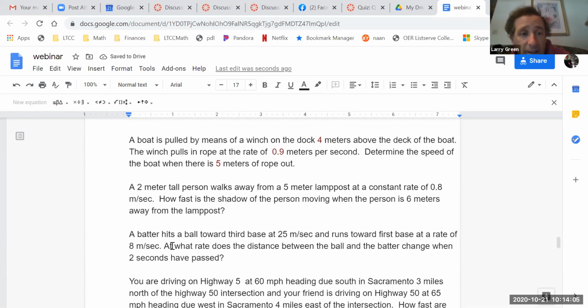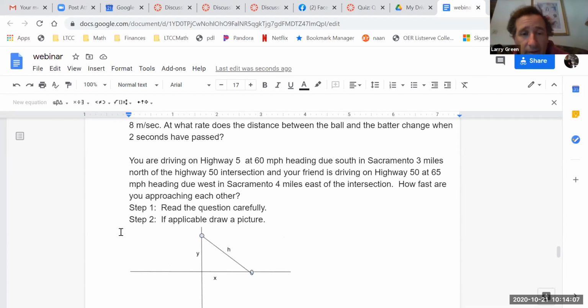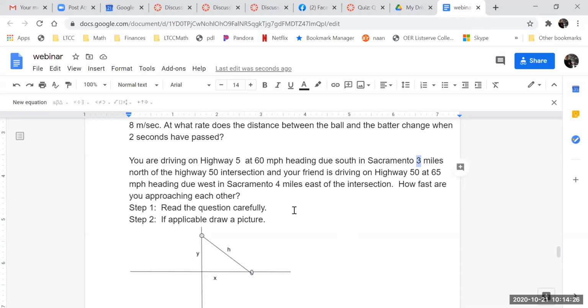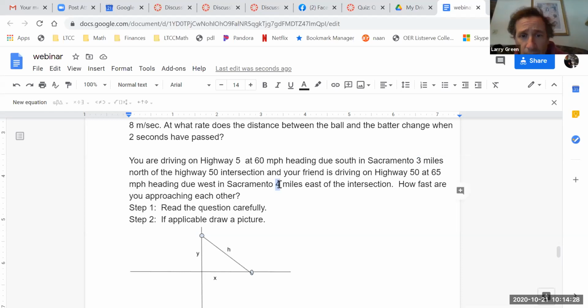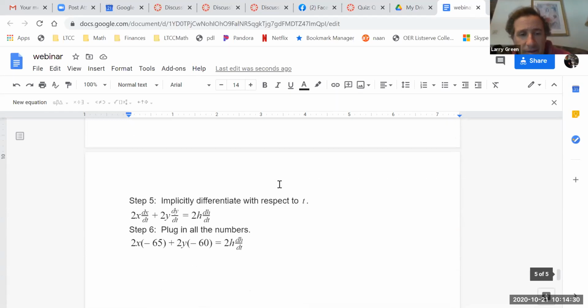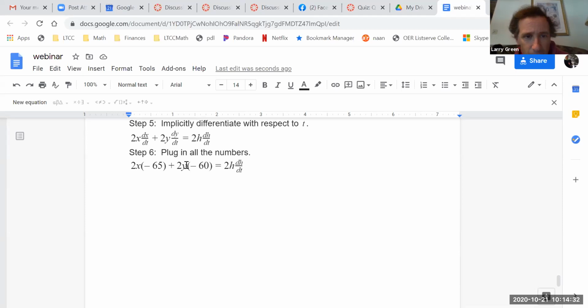Okay, and then in the question, we're heading due south in Sacramento, 3 miles north of the intersection. So what is that? What is 3? Y. That's y. And notice that x is 4. So y is 3.